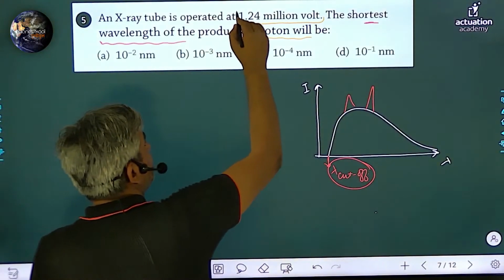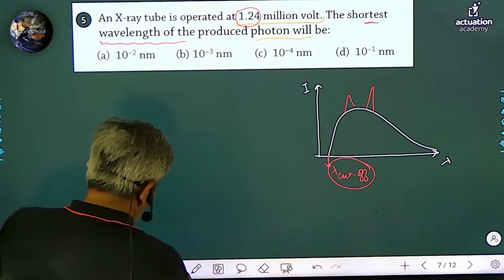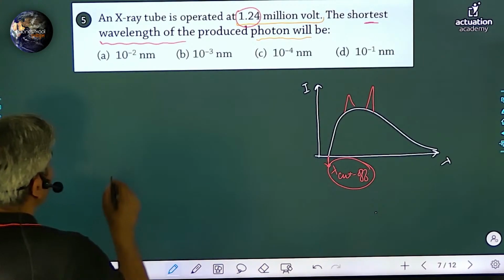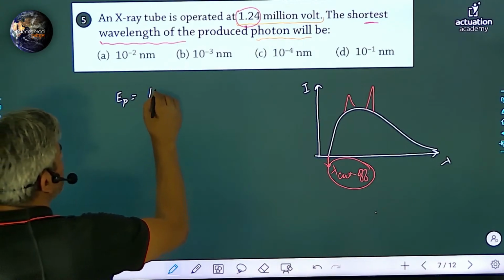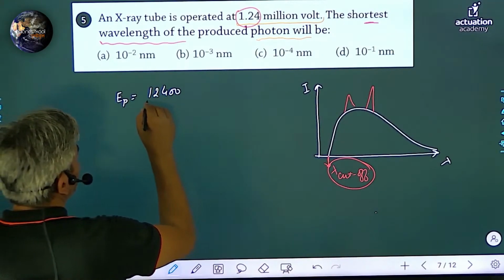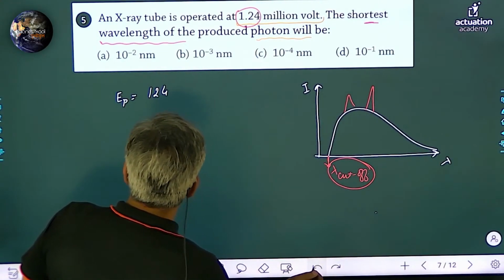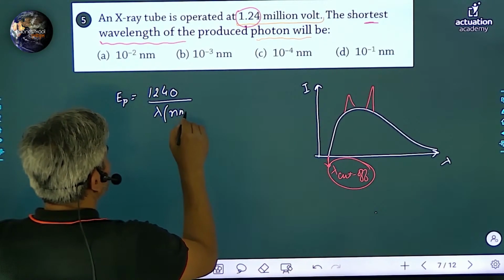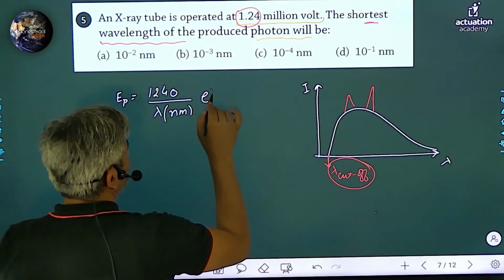Here in this question, the accelerating potential given is 1.24 million volt. Now simply, the energy of the photon is 1240 over lambda in nanometer, since it is asking in nanometer, and this energy is given in electron volt.